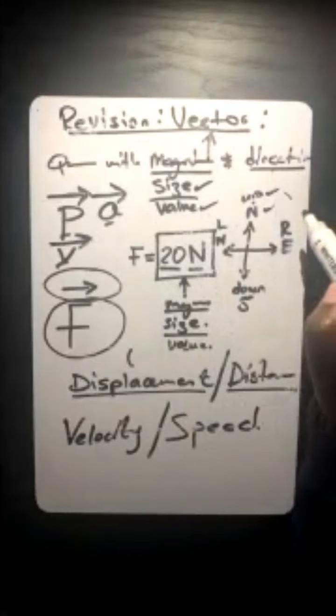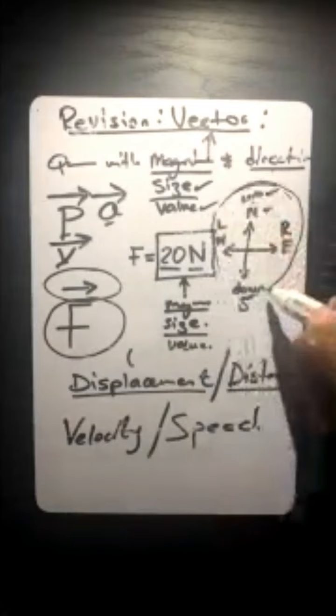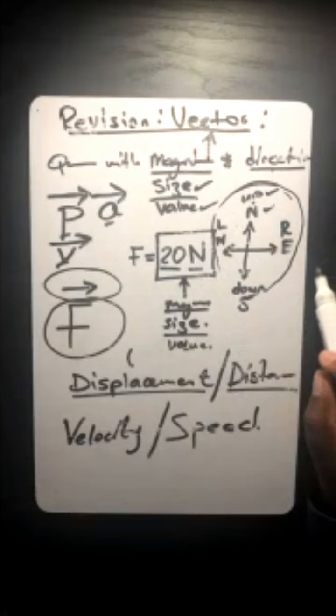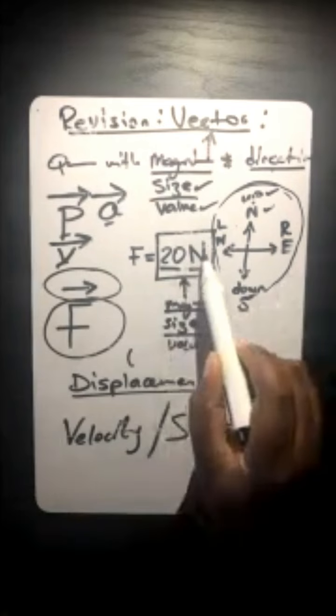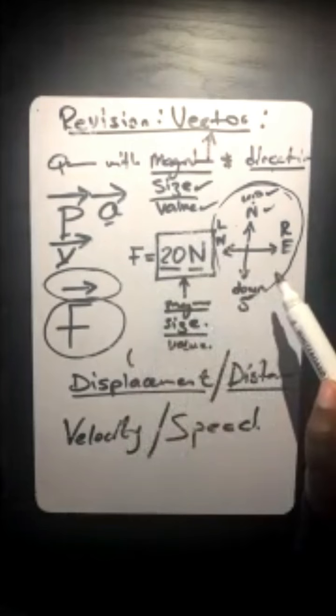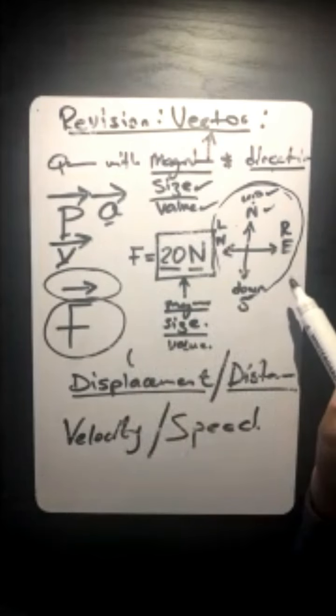Direction is just a direction which could be represented in any of those possible ways or any other similar ways normally being used in physical sciences. Most importantly, we said this 20 Newton refers to the magnitude or the size of the value of the force.